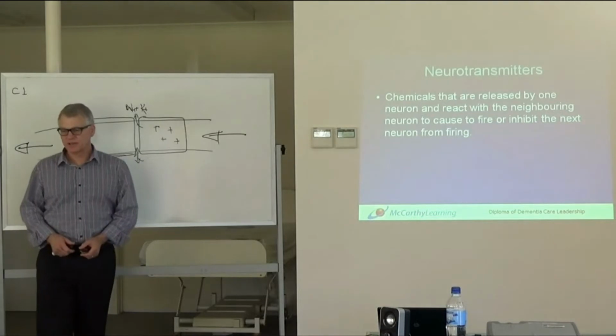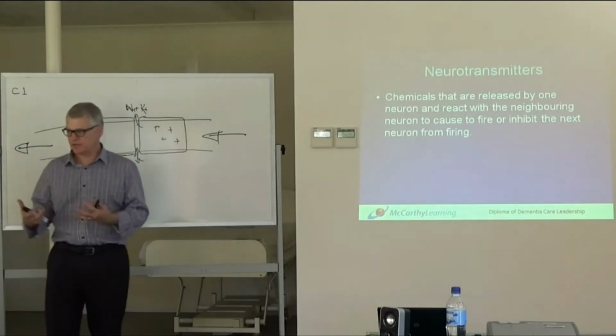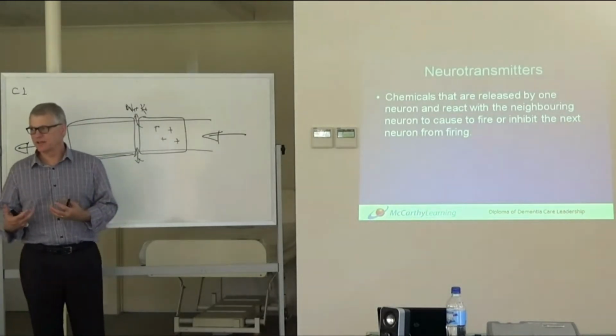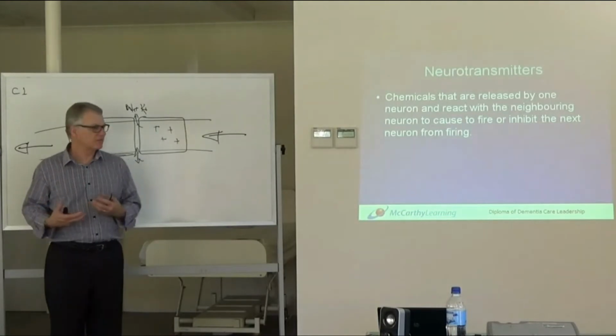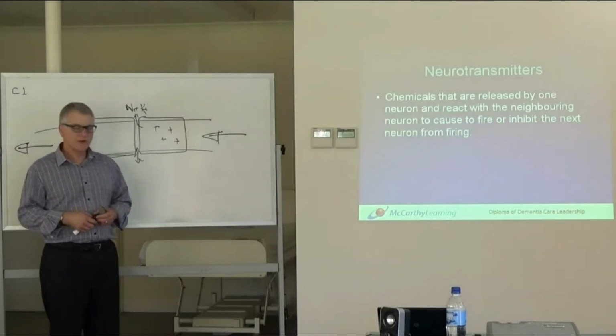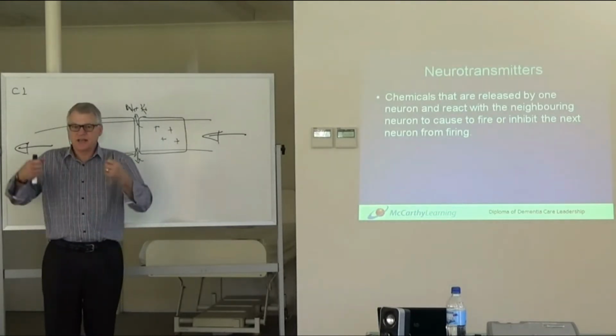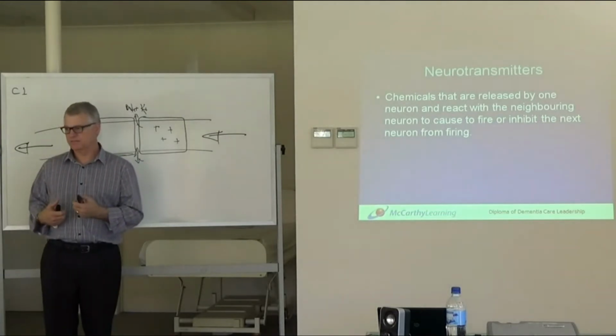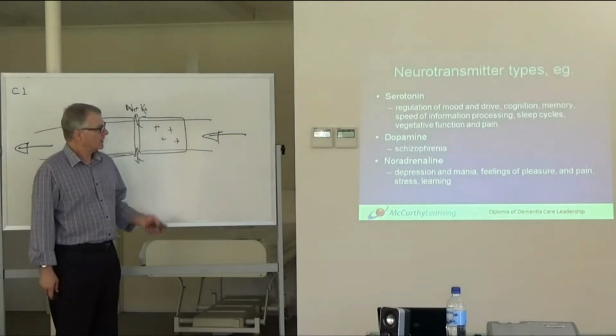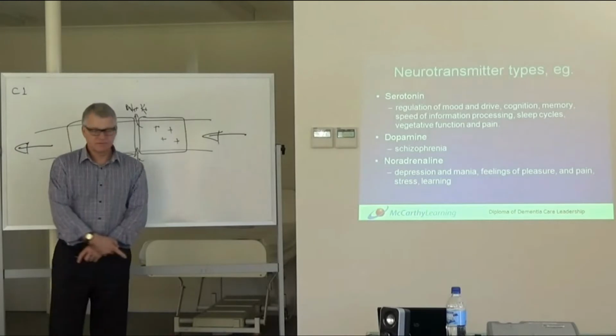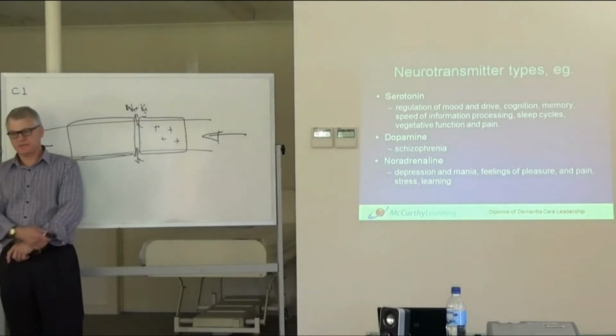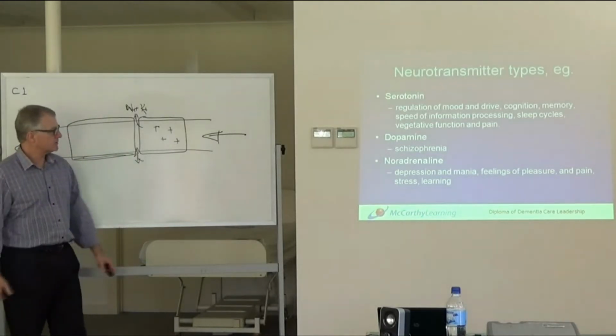So if we've got too many inhibitory receptor sites, then we're going to get too much inactivity happening. Here we have a little examination of some of the different neurotransmitters.